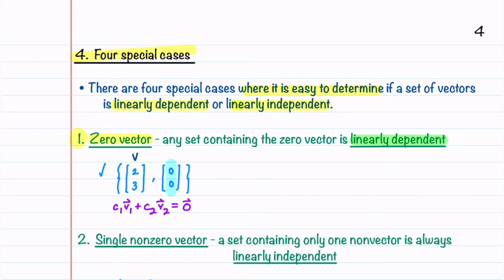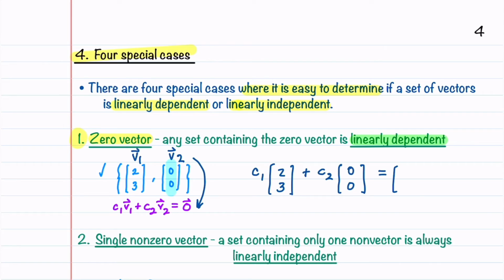Let's see why a set of vectors that contains the 0 vector is linearly dependent. Let's label our vectors v1 and v2 and then plug them into our equation. We have c1 times 2, 3 plus c2 times 0, 0 is equal to our right-hand side, which is 0, 0.